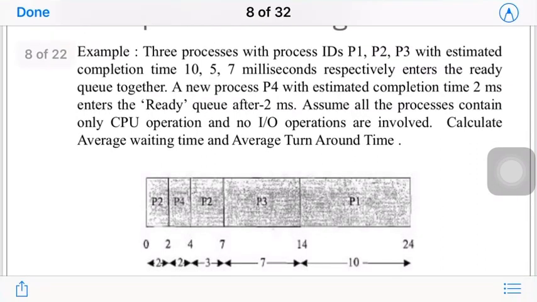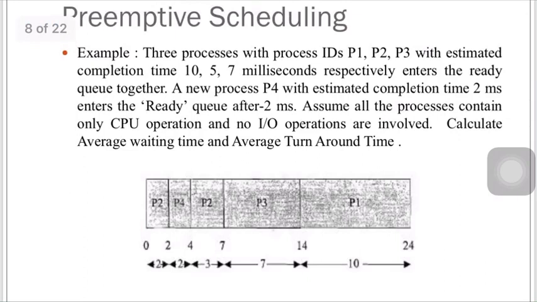So if there are three processes with process IDs P1, P2 and P3, with estimated completion times 10, 5, 7 milliseconds respectively, entering the ready queue together.